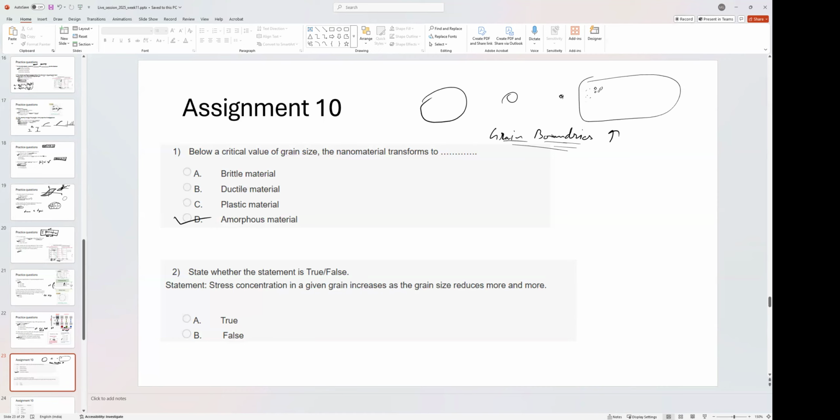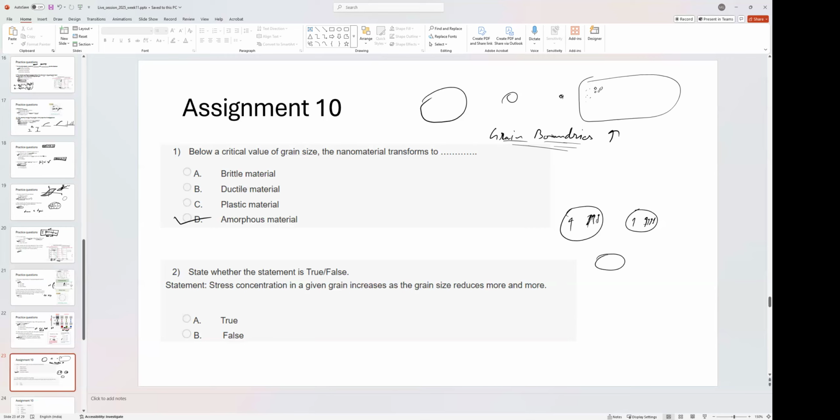State true or false. The statement is: stress concentration in a given grain increases as the grain size reduces more and more. Up to a point, the stress concentration does increase, and dislocation pile-up will start sooner.